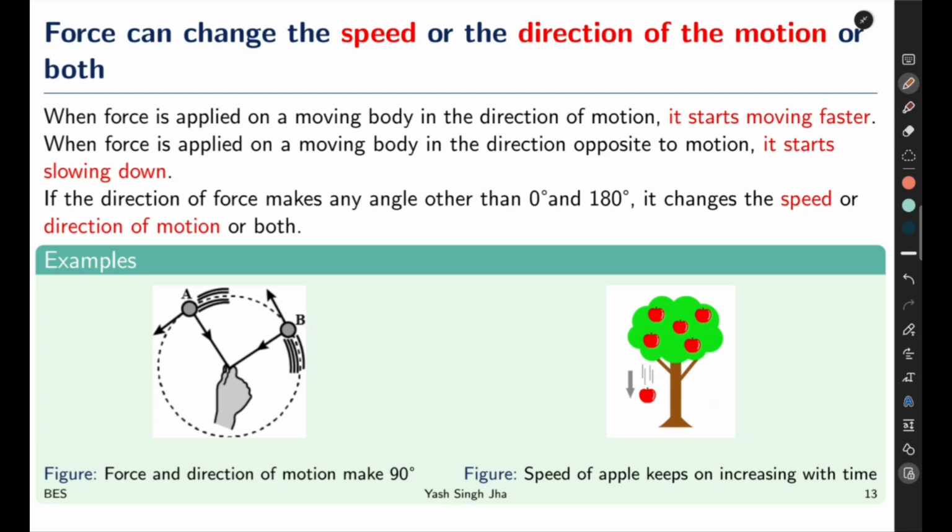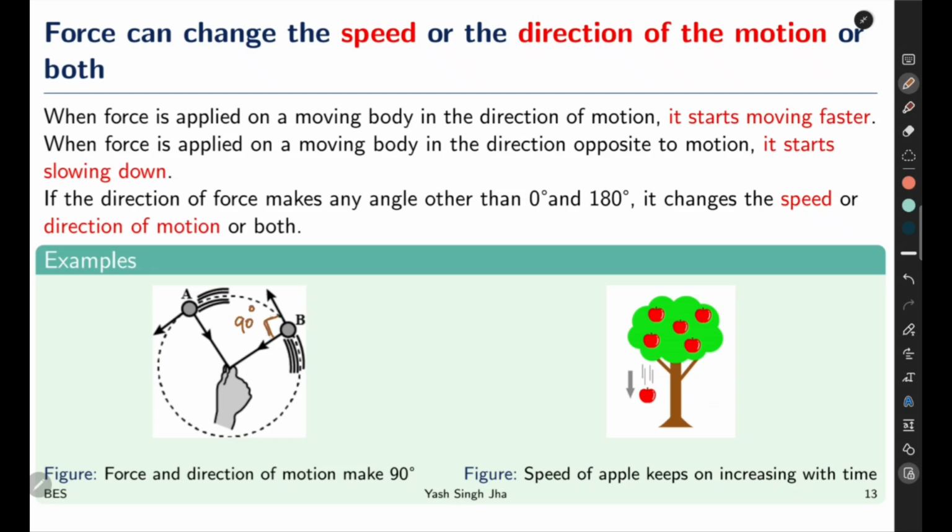The example is when you apply brakes on a moving car. If the direction of force makes any angle other than 0 degrees and 180 degrees, it changes the speed or direction of motion or both. What are the special cases? A special case is when the force and direction of motion make 90 degrees to each other, like for example in a circular motion.